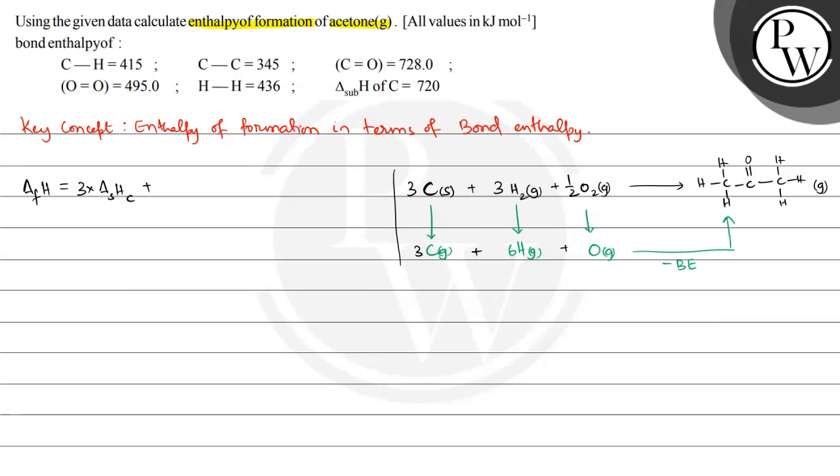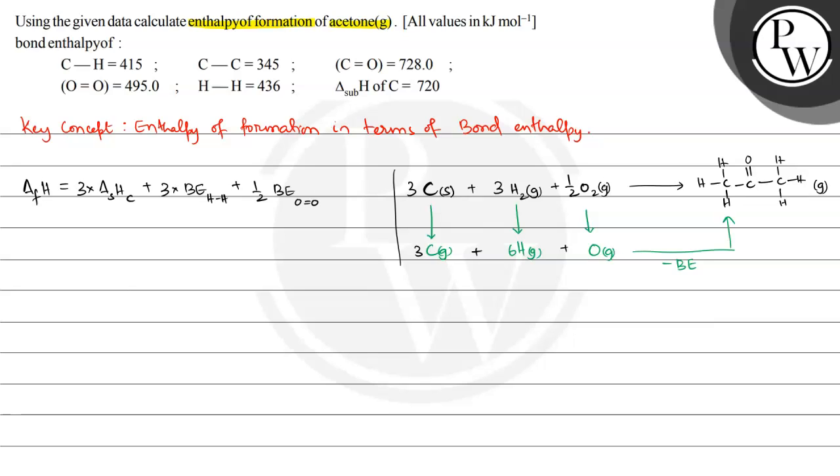So here hydrogen hydrogen bond enthalpy will be added. So here hydrogen hydrogen bond enthalpy is given as 436. So 3 multiplied by bond enthalpy of HH plus half mole of oxygen is getting dissociated. So half multiplied by bond enthalpy of O double bond O.